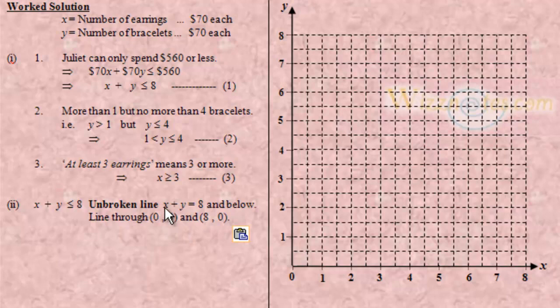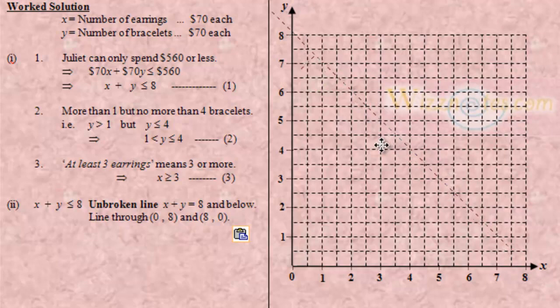And the reason for that is that when x is equal to 0, y is going to be equal to 8, and so this line passes through the point 0, 8. And when our y value is 0, our x value is going to be equal to 8, and so the graph also passes through the point 8, 0. So we can go ahead and put that line in.